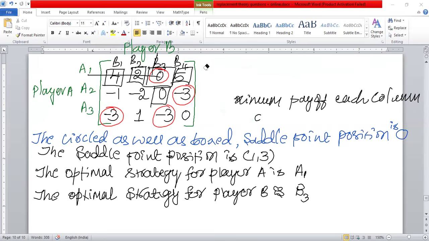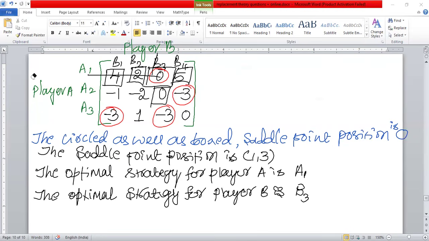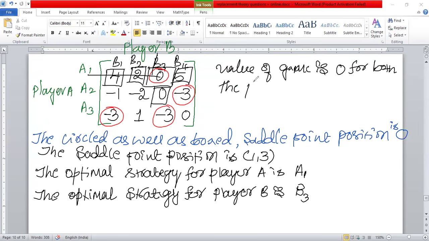The last step, value of game. Value of game is 0 for both the players A and B. When 0 comes, this is the way to write.